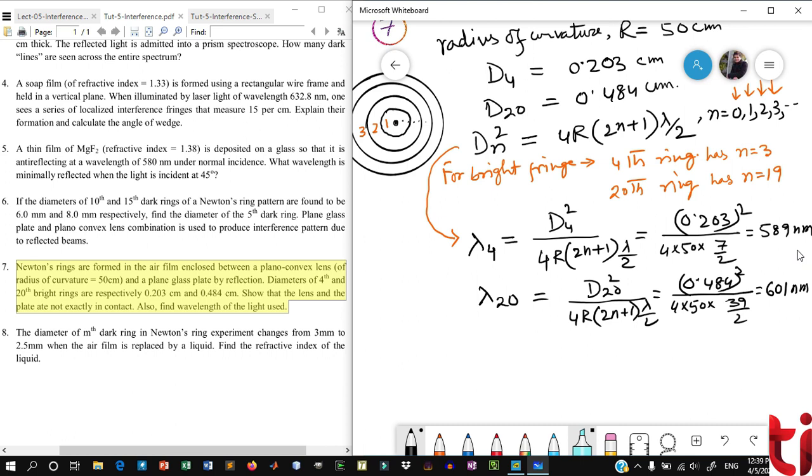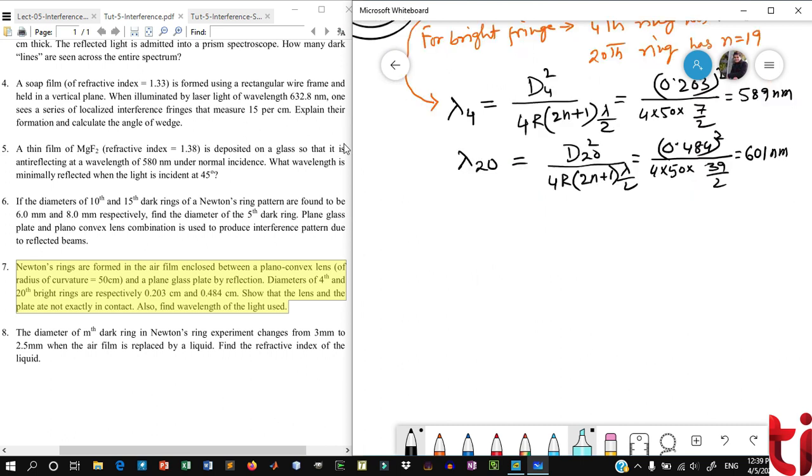So what this implies is either the rings were miscalculated or there was some gap between the plano-convex lens and the plate, and that's why there is a discrepancy in the wavelength as calculated from the given diameter of the ring, 4th and 20th ring. So in short, the diameter of the rings are not reliable, or there was a gap between the plano-convex lens and the glass plate.